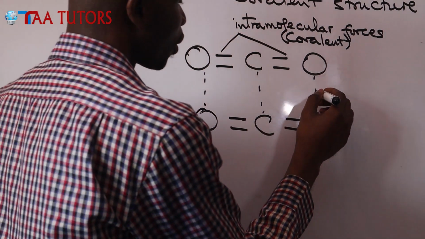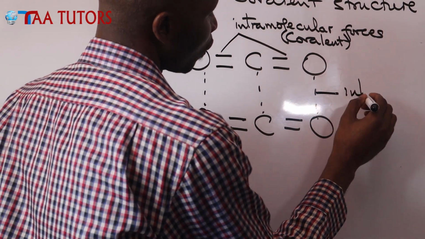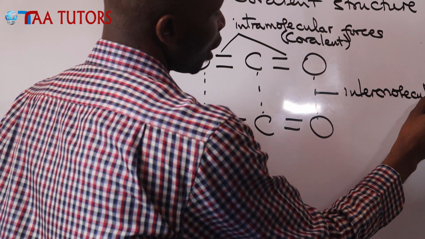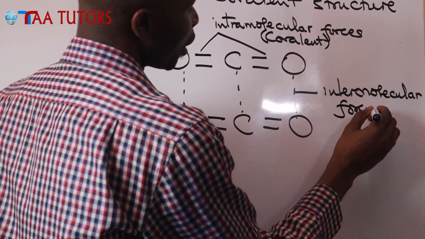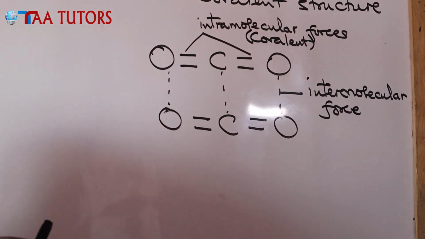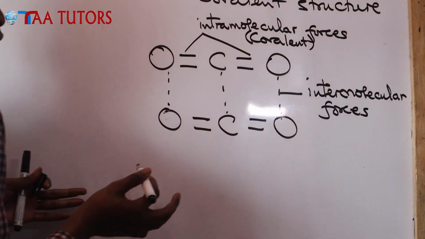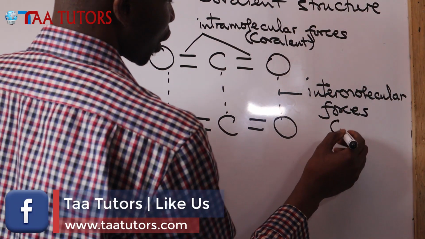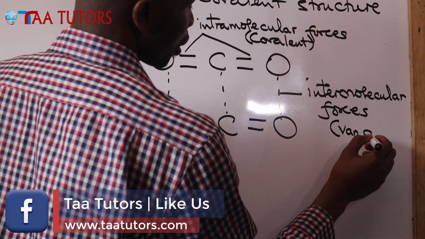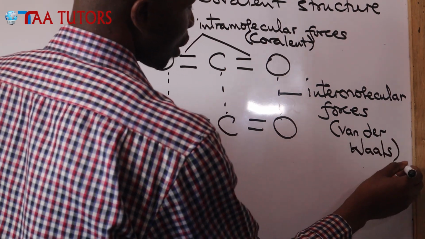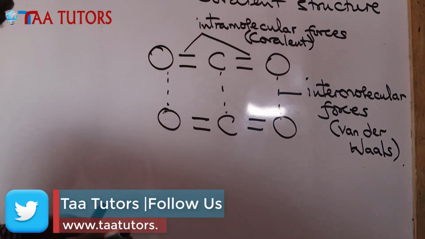The dotted ones are intermolecular forces. It is these intermolecular forces that are responsible for the melting points of these molecules. In this case we are talking about van der Waals forces, which are very weak.